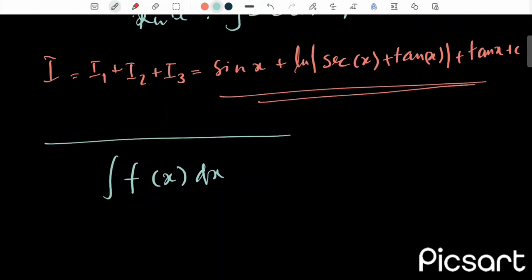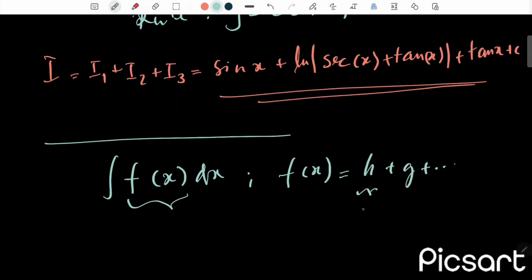I mean, we don't have a direct technique to apply to solve our integral, but the function f can be decomposed into other simple functions, h plus g and so on, where the integral of h can be solved directly or using the direct integration that we have learned until now.